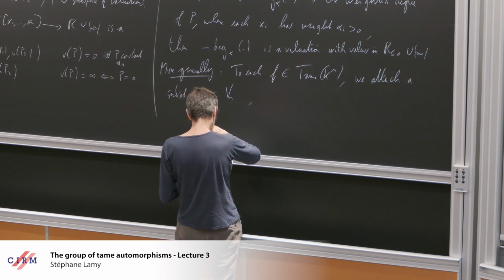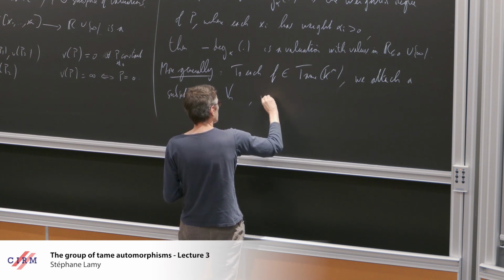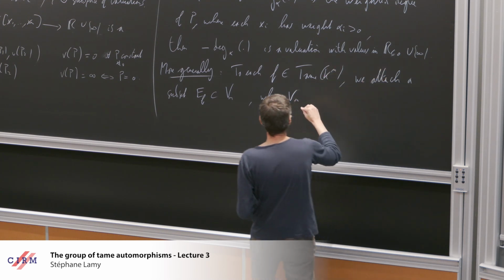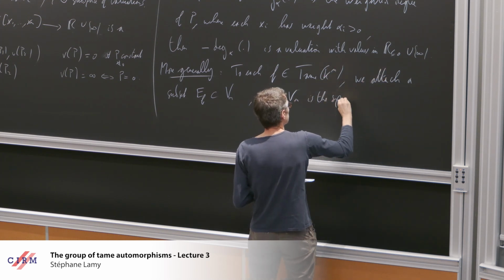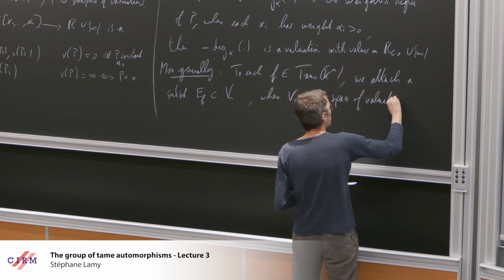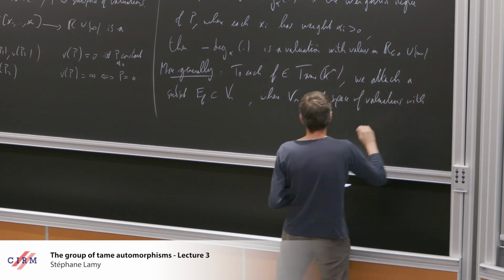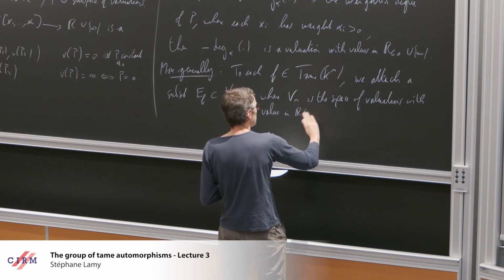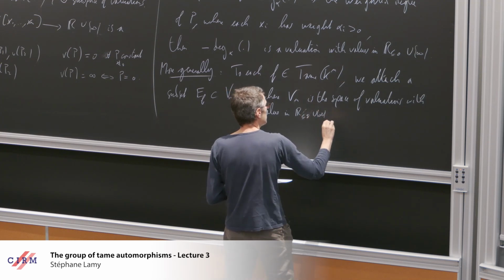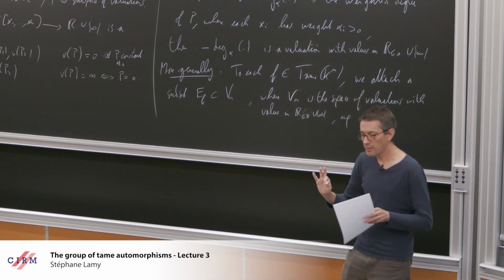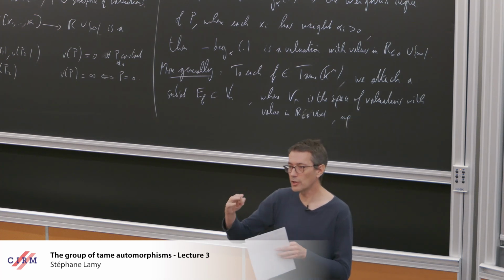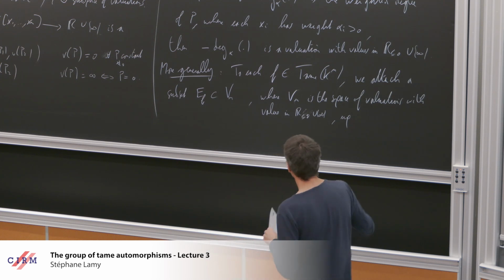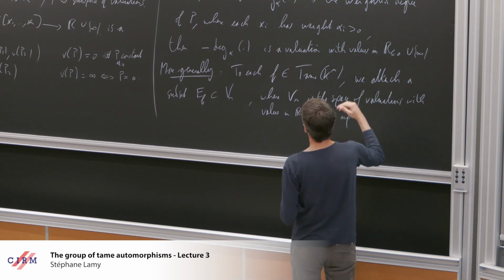Vn is the space of all valuations with values in R negative and infinity, and I always consider my valuations up to positive scaling. So I consider a valuation and lambda times the same valuation, where lambda is positive, as the same.